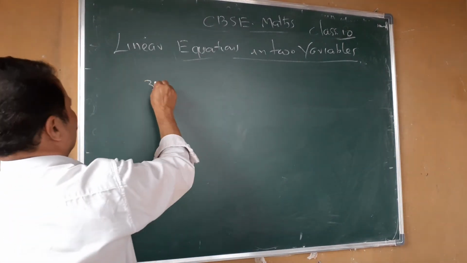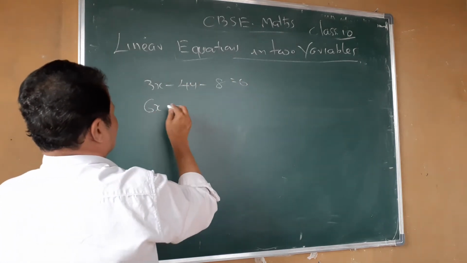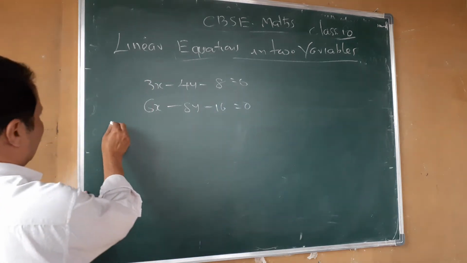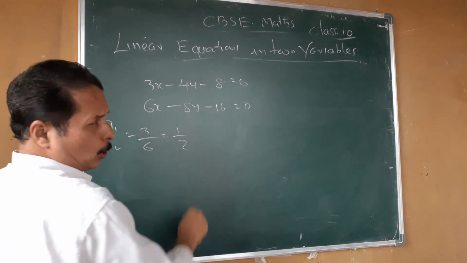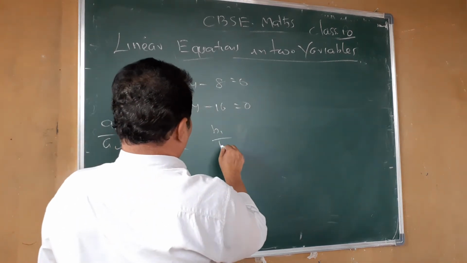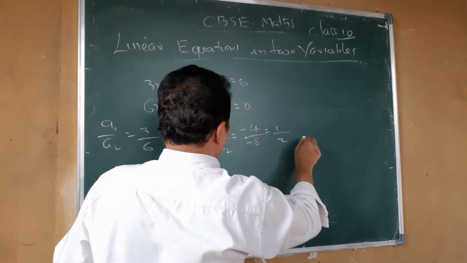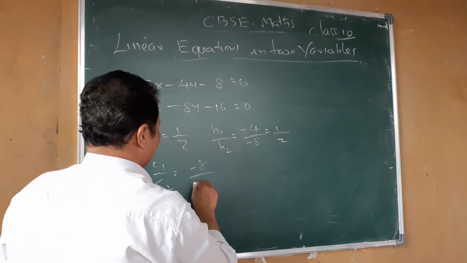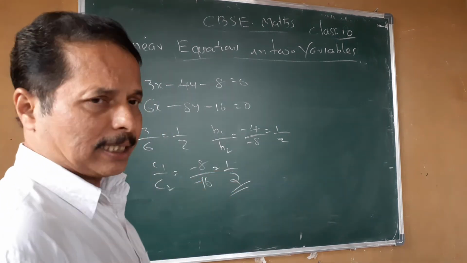Another example. 3x minus 4y minus 8 equal to 0 and 6x minus 8y minus 16 equal to 0. Here a1 by a2 is 3 by 6, which is 1 by 2. b1 by b2 is minus 4 by minus 8, that's also 1 by 2. And c1 by c2 here is negative 8 by negative 16, that's also 1 by 2. 8 into 2 equal to 16.